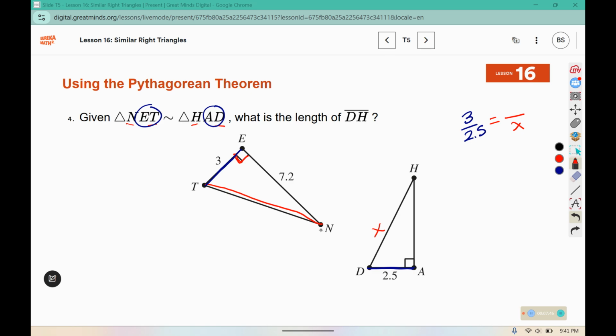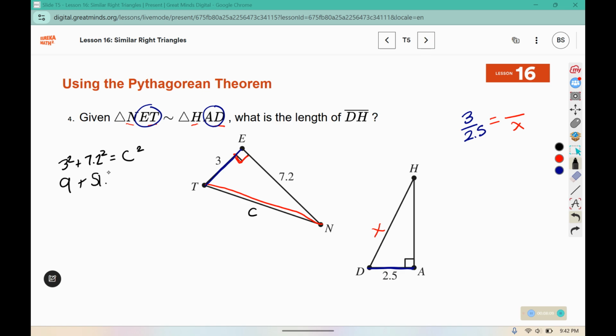And then we need to figure out what NT is in order to pair it up for the proportion. So we have 3 squared plus 7.2 squared equals C squared. 7.2 times 7.2 will give you 7.2 squared.